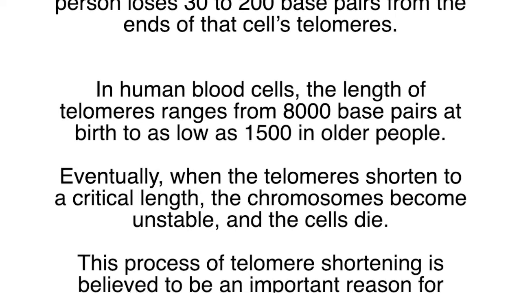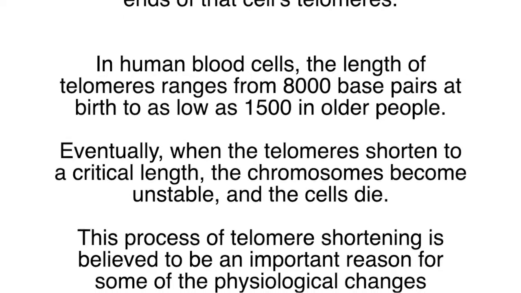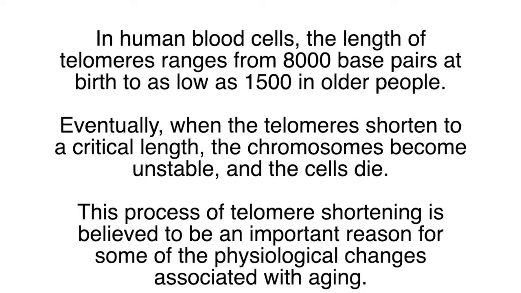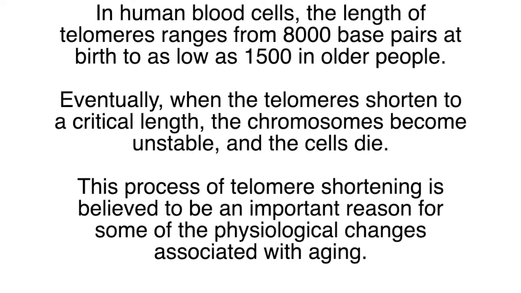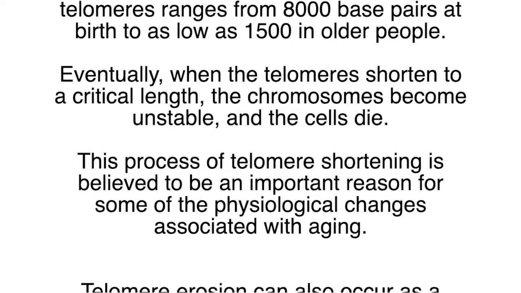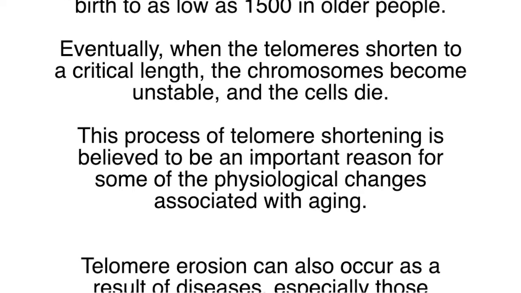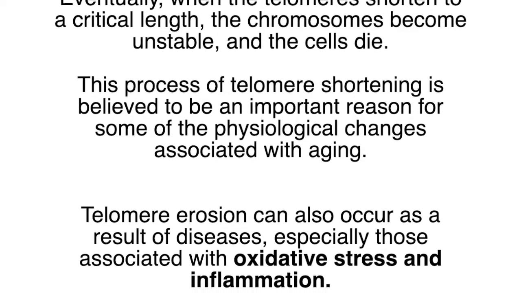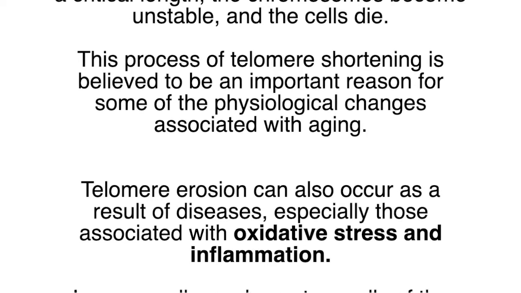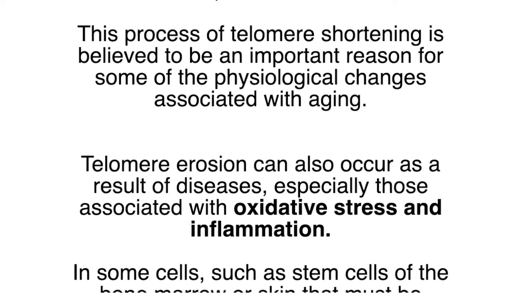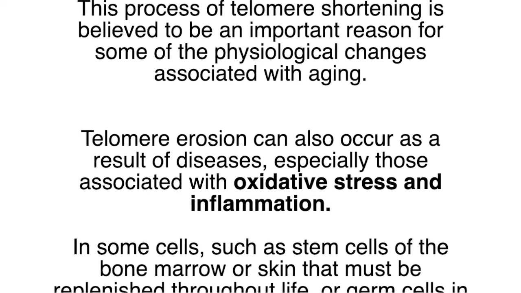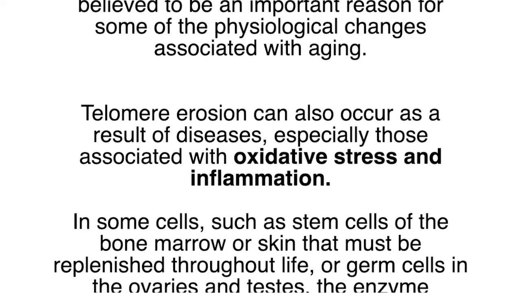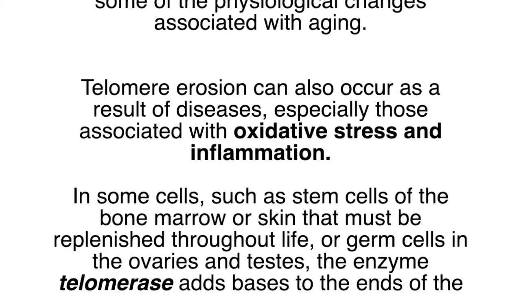Eventually, when the telomeres shorten to a critical length, the chromosomes become unstable and the cells die. This process of telomere shortening is believed to be an important reason for some of the physiological changes associated with aging. Telomere erosion can also occur as a result of diseases, especially those associated with oxidative stress and inflammation.